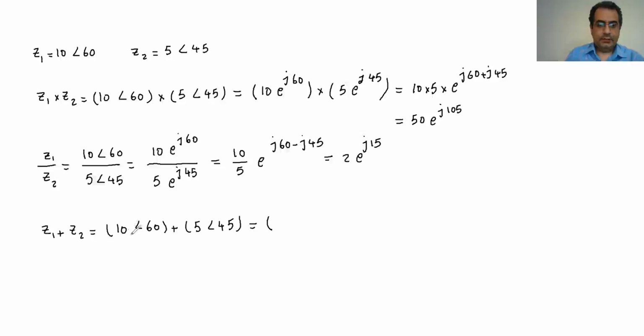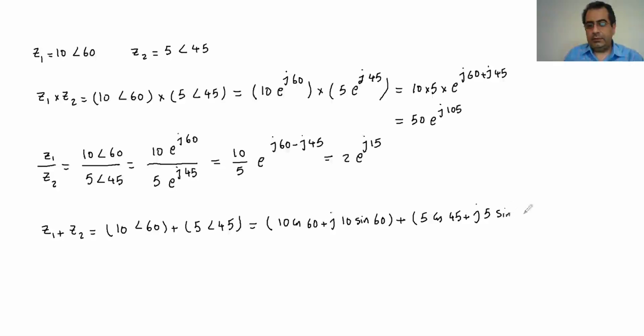So this one, I know that's the 10, and then it's going to be cosine theta. So it's going to be 10 cosine 60 plus j 10 sine 60. So it's going to be the first one. And the second one, the same, is going to be 5 cosine 45 plus j 5 sine 45. And then easily I can come here and add the real part and the imaginary part together.